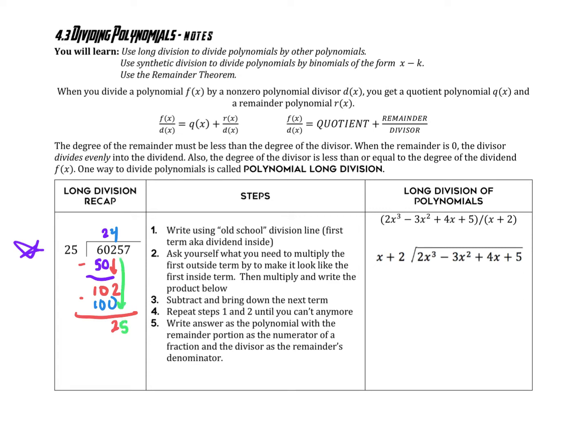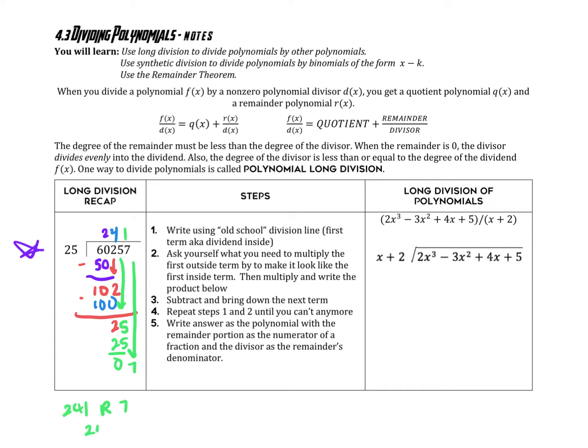How many times does 25 go into 25? Once, which is 25, and then we bring the next number down. 25 doesn't go into 7, so 7 is our remainder, and the way that we first wrote this in elementary school, I remember writing it as like 241 with a remainder of 7.